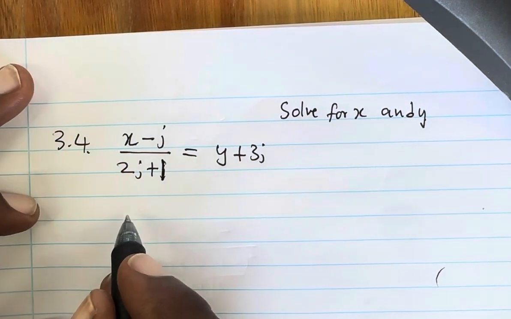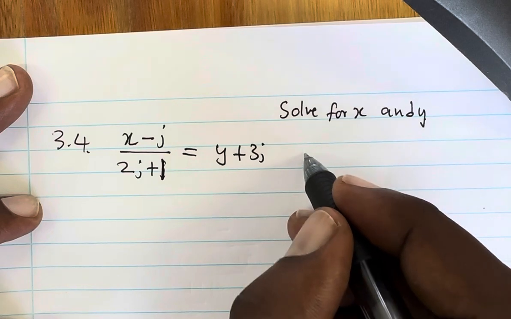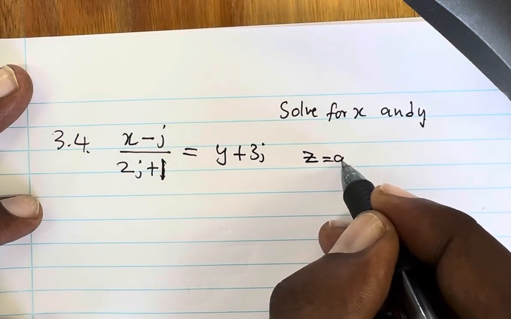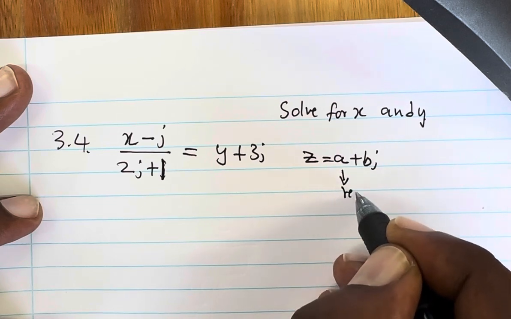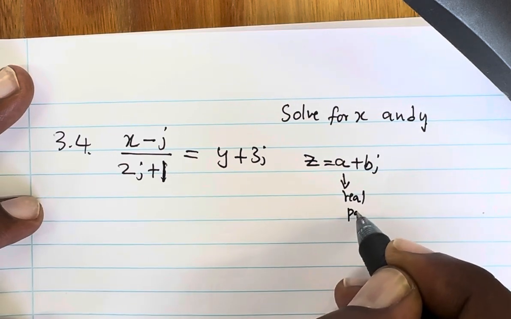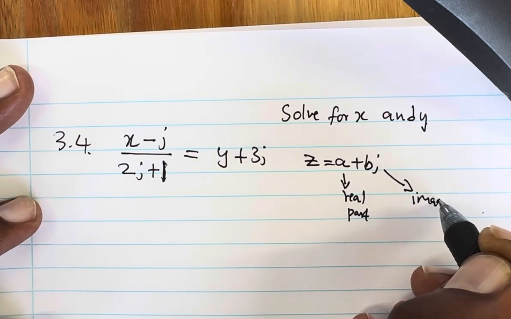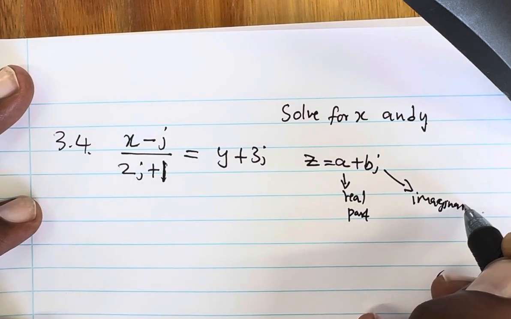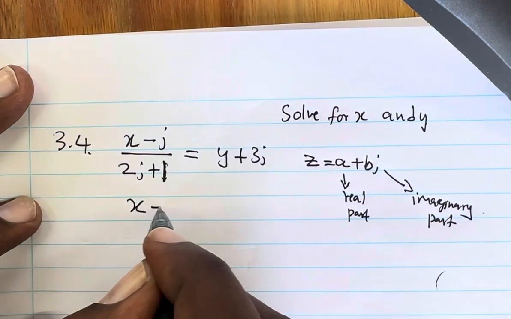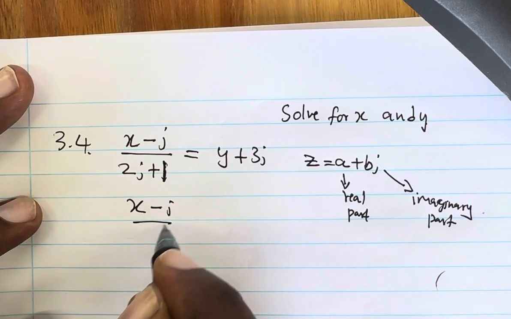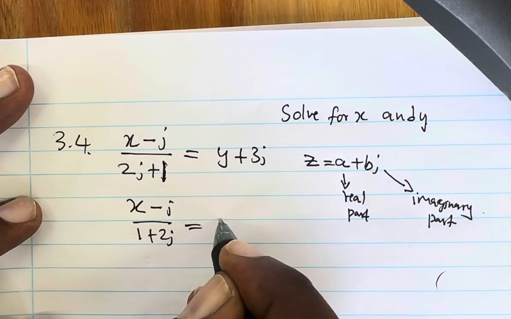We're not used to this; this is not our rectangular standard form, where z equals a plus bi, with a the real part and b the imaginary part. So we have x minus i divided by 1 plus 2i equals y plus 3i.